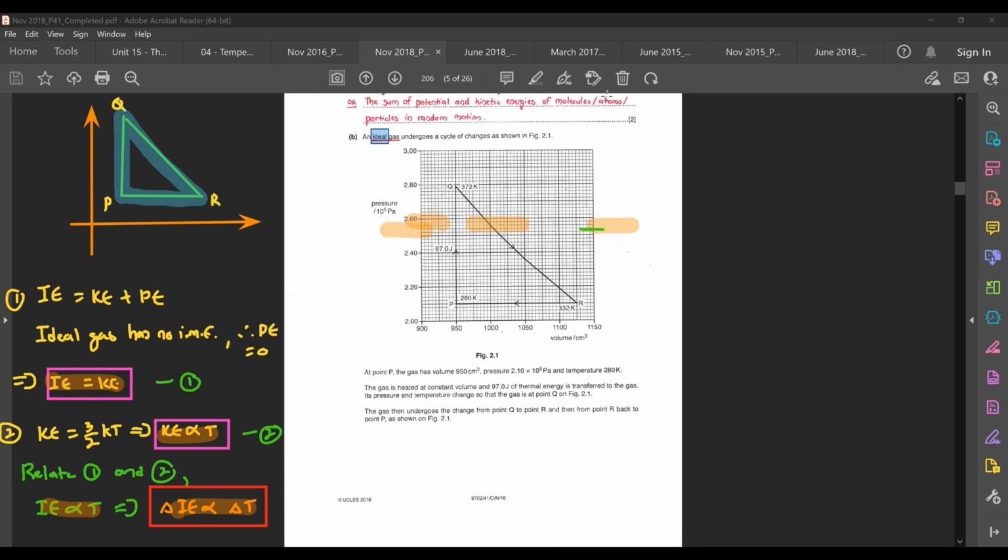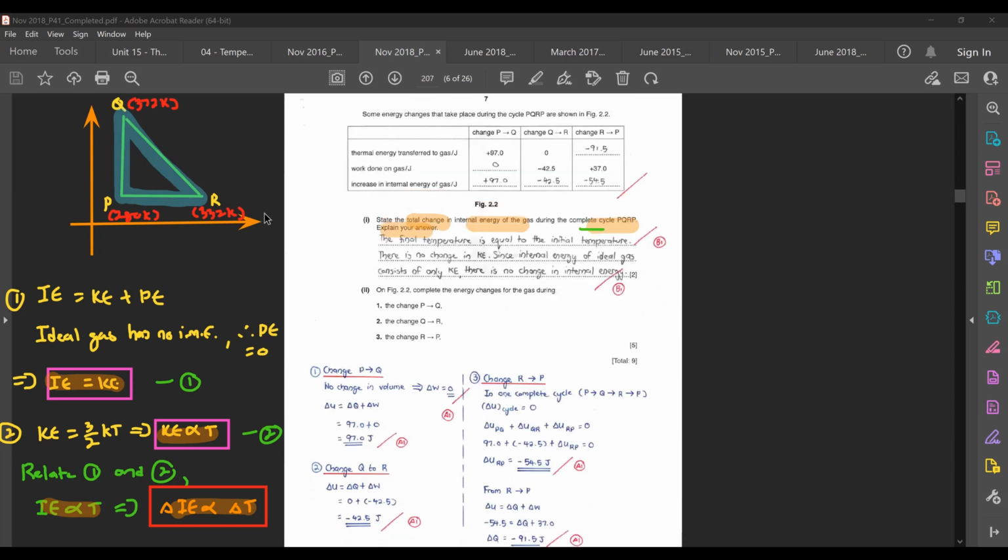Because if you just look at your original graph, P was at 280 Kelvin, Q is at 372 Kelvin, and then R was at 332 Kelvin. So when you went through a full cycle from P to Q, Q to R, and R to P, you started off at 280 Kelvin, and you went back to the same 280 Kelvin after one complete cycle.